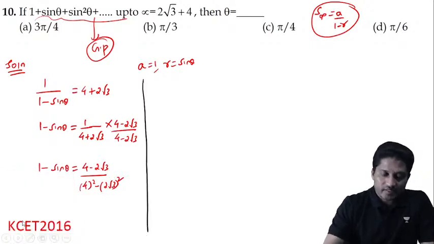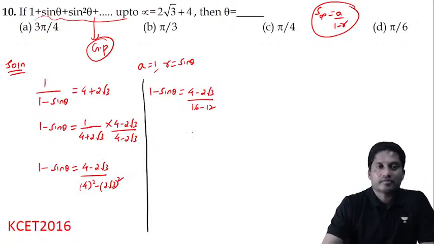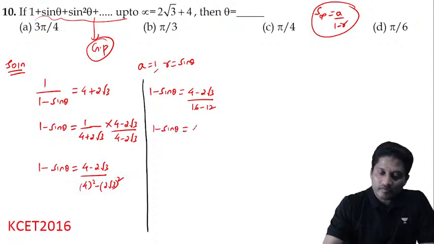Right, this can be written as 1 minus sine theta is equal to 4 minus 2 root 3 divided by 16 minus 2 root 3 the whole square, which is 12. Okay, now this is 4 minus 2 root 3 divided by 4.